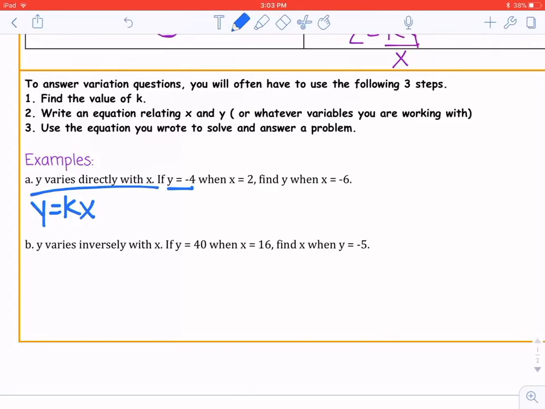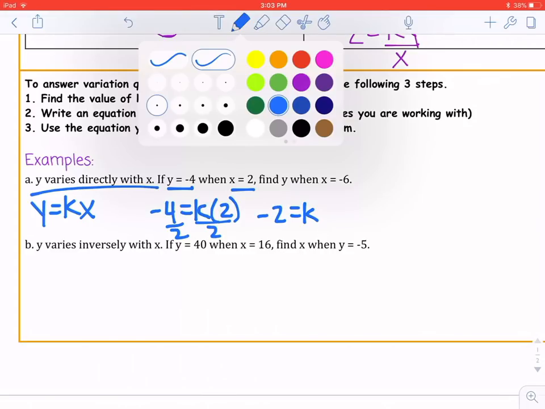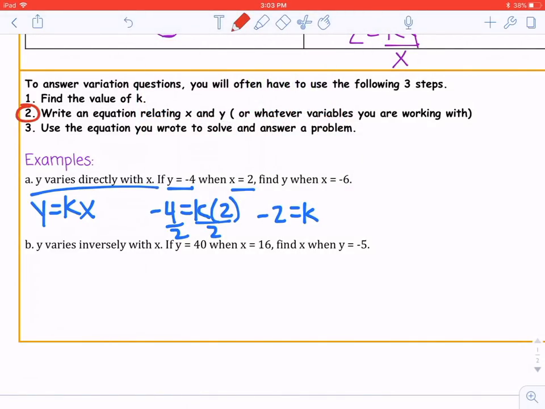So if y equals -4 when x is 2, then we can figure out our constant of variation by dividing both sides by 2 to solve that little equation for k. So we end up with k equals -2. And the second part of that, it said to write the equation. So for the second part, now we can write y equals -2 as our constant of variation times x.